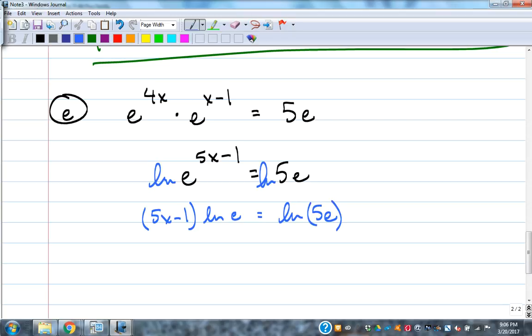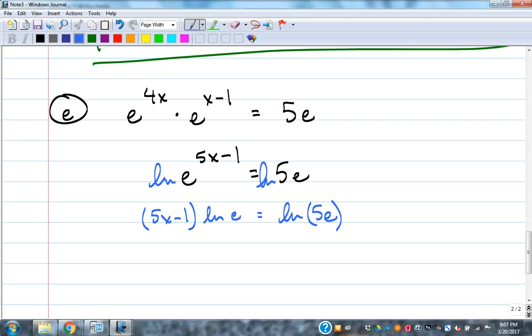Here's the problem: I've got a 5e in there, and I really don't need to have that in there. I could leave it because e's a number. It'd probably be okay. Let's just leave it in there. I guess it really doesn't matter because e's a number. If it were a variable, then we couldn't leave it in there. We'd have to do something else. But since e's a number, it'll be okay.